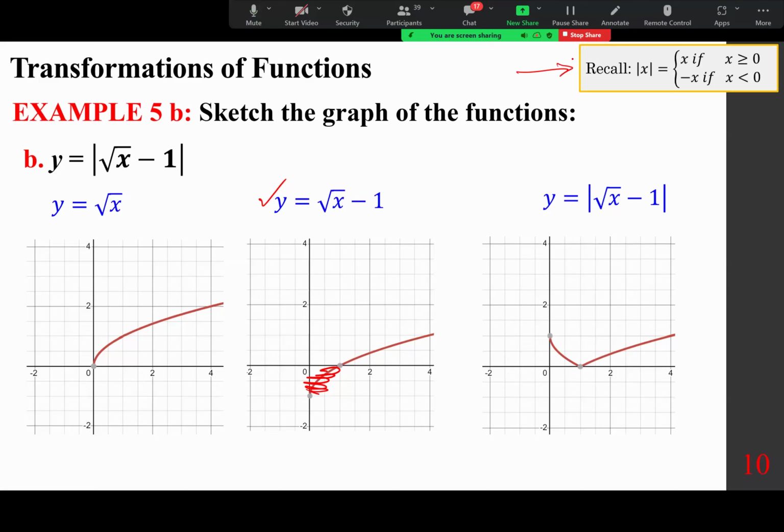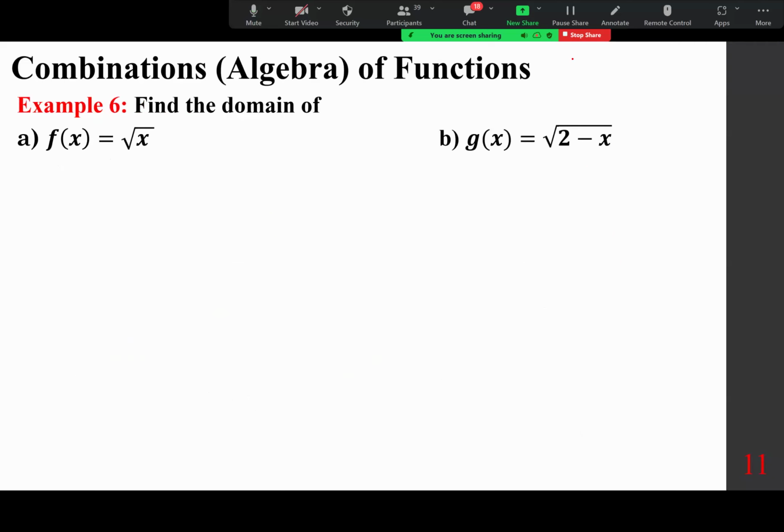All right. We are given a function and we are asked to come up with the domain. f of x is square root of x. For even indices, remember, when we don't have an index, the index is 2. Everybody remembers that.